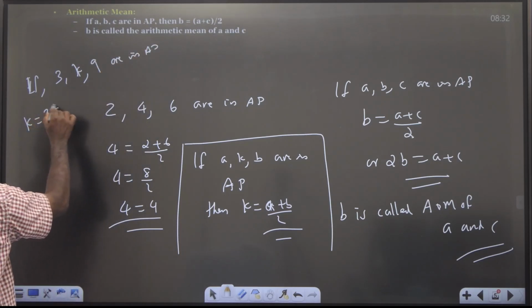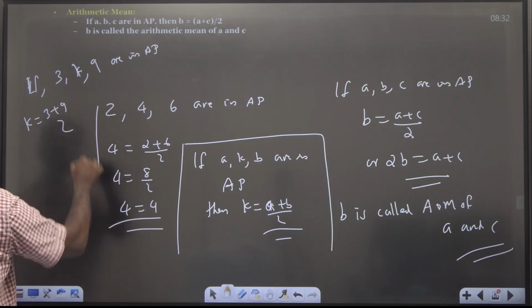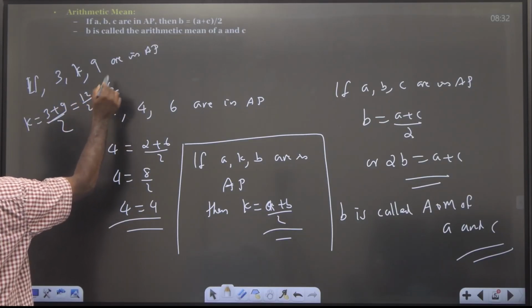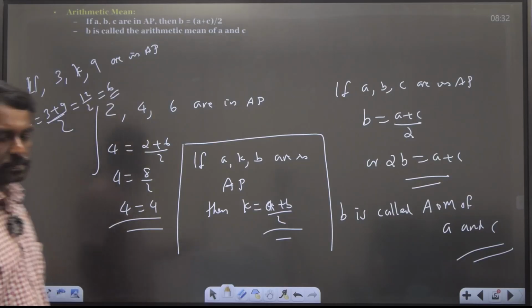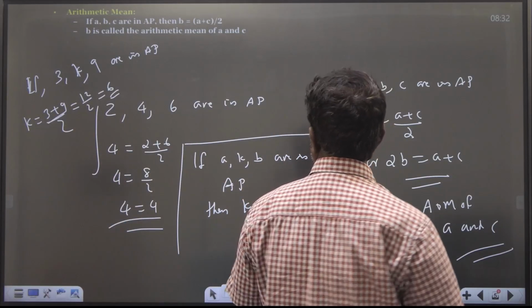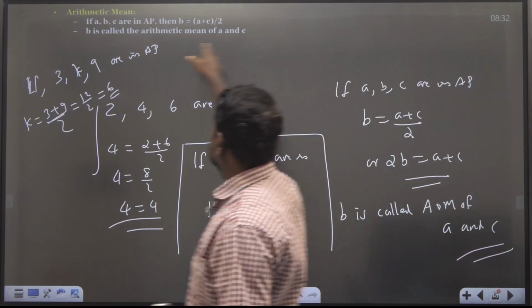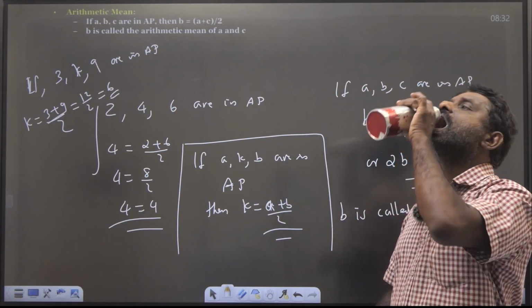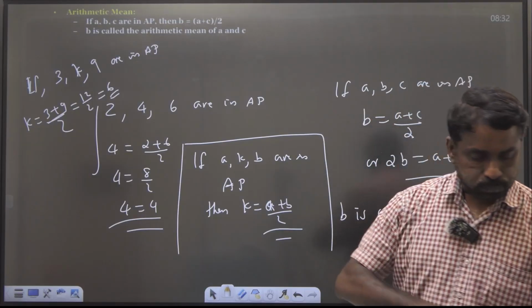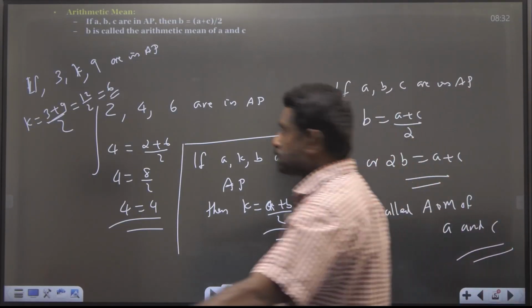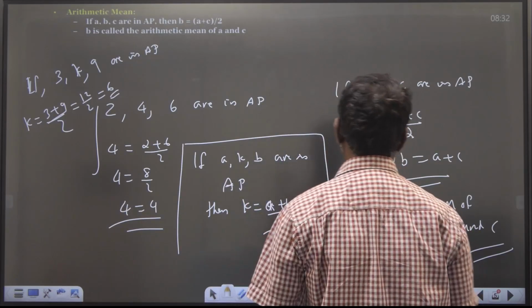K is equal to (3 plus 9) by 2, that is 12 by 2, that is 6. B is called the arithmetic mean of A and C. These are some examples.